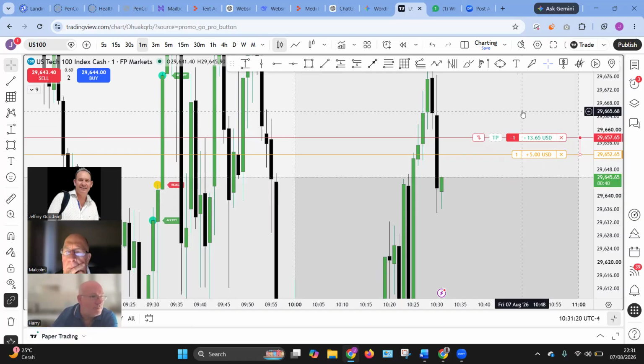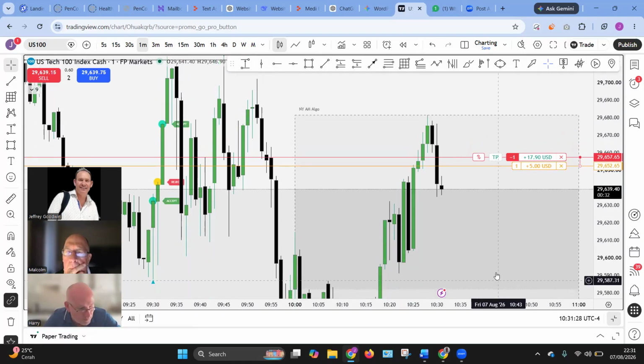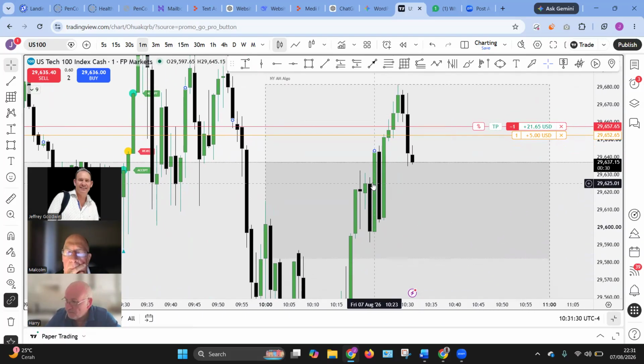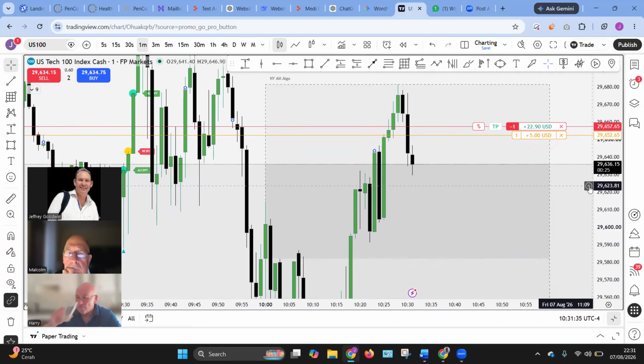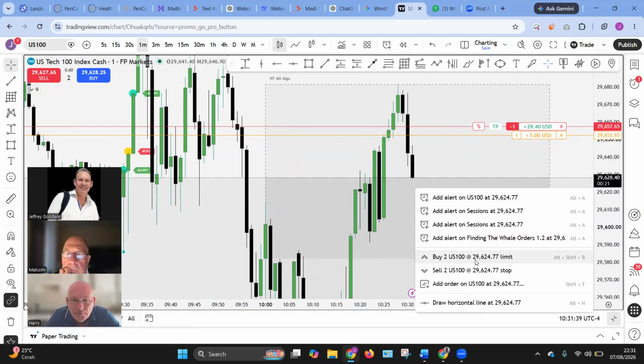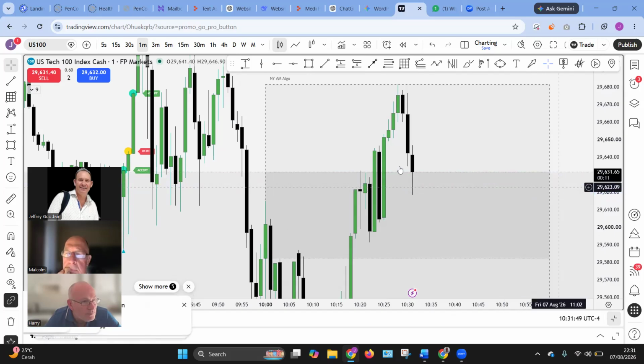Once you've been in the trade for a while, you can just drag it out of this market structure as you wish. So let's say I think it's going to come to here. I can exit that 1 contract at that high. Exit that trade. There we go.